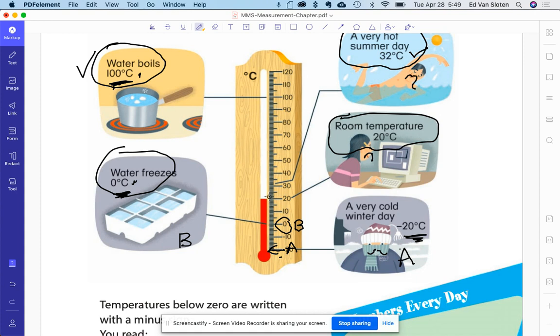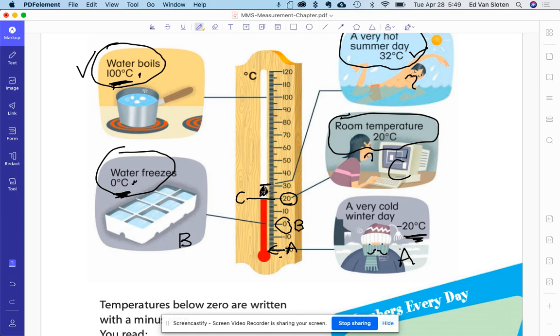Finally, now let's go up. The thermometer, this is what it's showing. You look at the top here, and it's showing 20 degrees Celsius. So I'll call that C. Is this C? Or is this C? Well, this is where our C goes. All right. Finally, if it was a really hot day, the thermometer would go up to here.